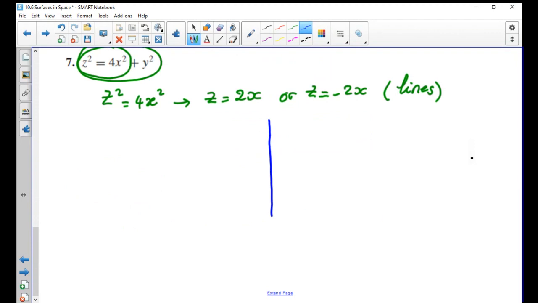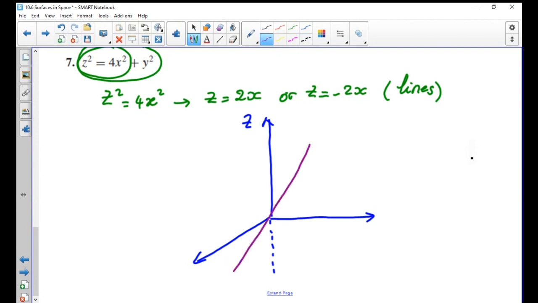So again, that means you will have part of it where z is positive, but you will also have part of it where z is negative. It can be positive or negative. So in the end, you will have a cone like this.